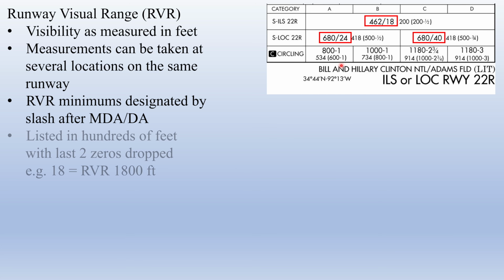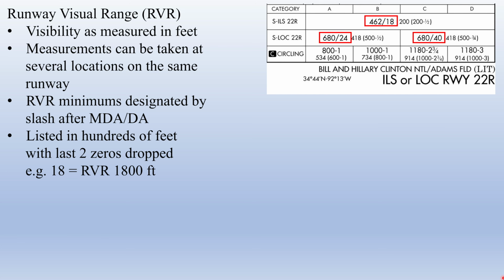The way you read RVR minimums is that they are listed in hundreds of feet, but you drop the last two zeros. So 18 is 1,800 feet of runway visual range, 24 is 2,400 feet of runway visual range, and 40 is 4,000 feet of RVR.